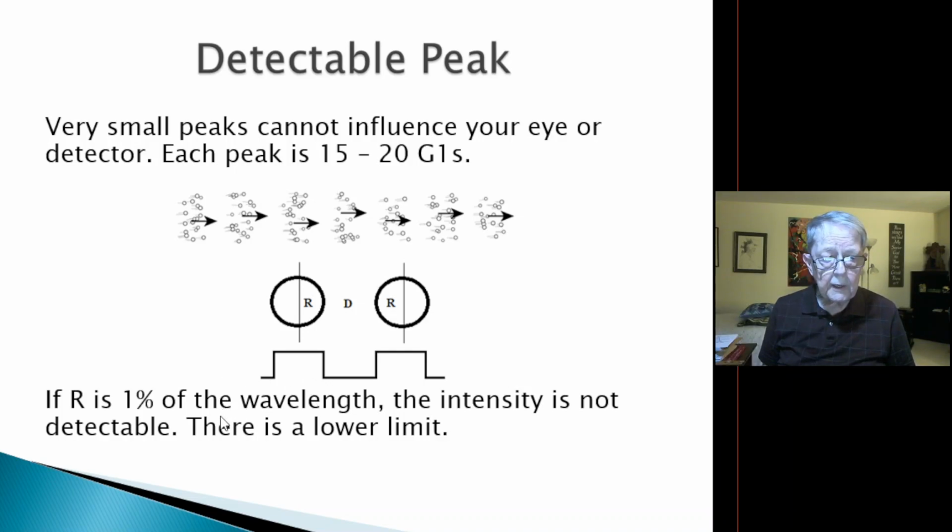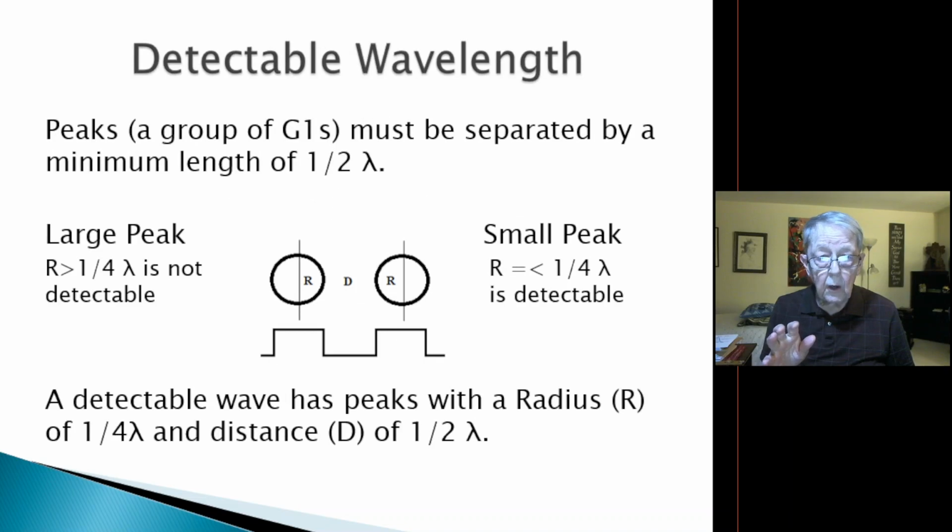I'm saying that the intensity is not detectable, and there is a lower limit for which your eye or the detector you're using cannot see it. That's a lower limit. But now the detectable wavelengths, I'm saying there has to be a certain amount of space.